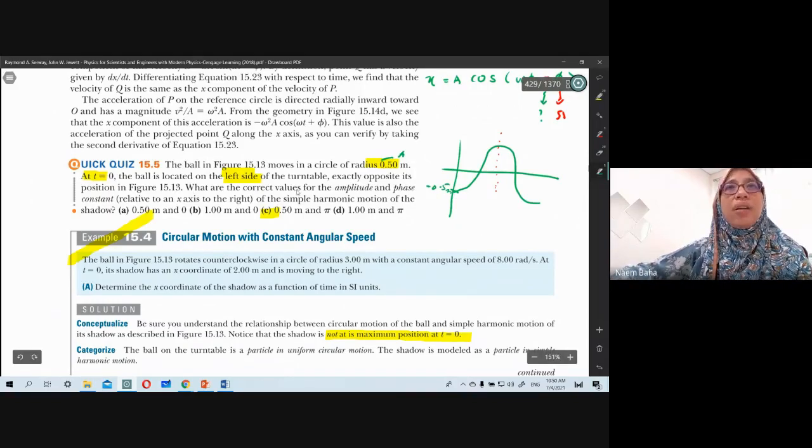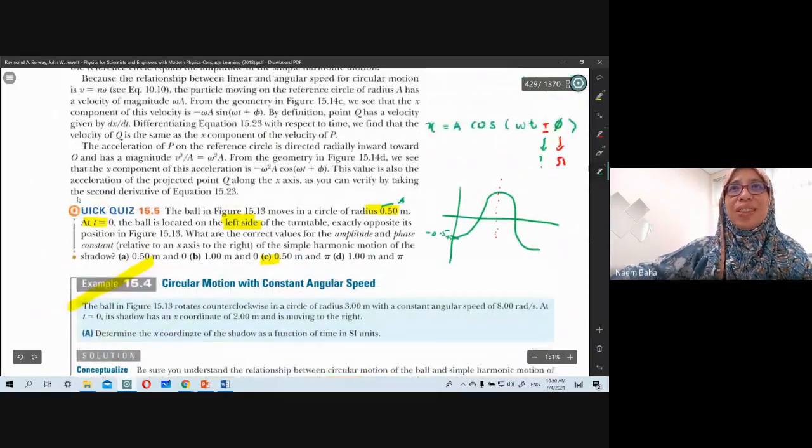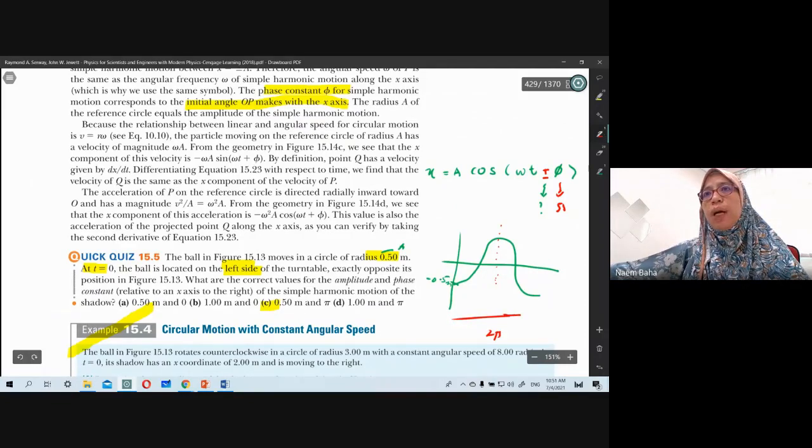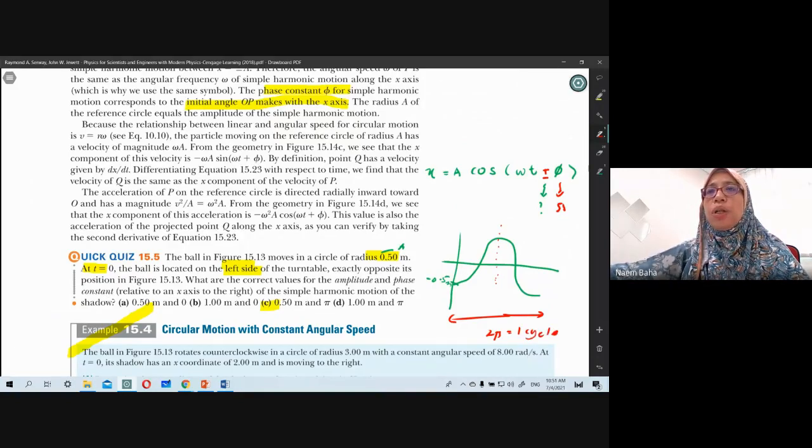Now, what are the correct values for amplitude and phase constant? Alright, I'm going to help you with this figure. Remember that the whole from here to here is equivalent to 2 pi, one cycle, and therefore dividing it into half would be pi.